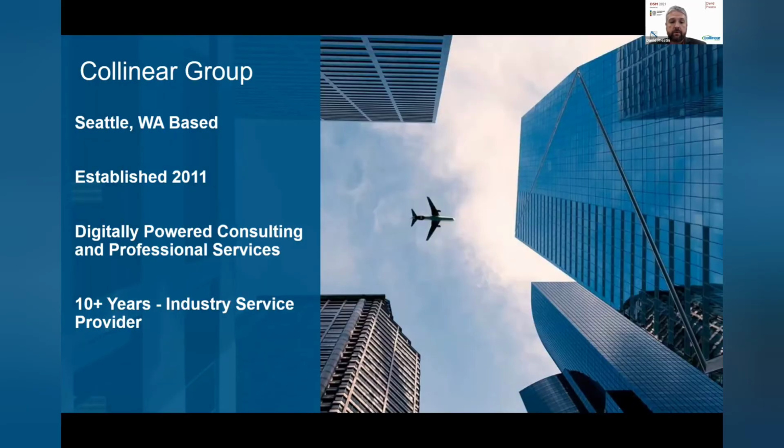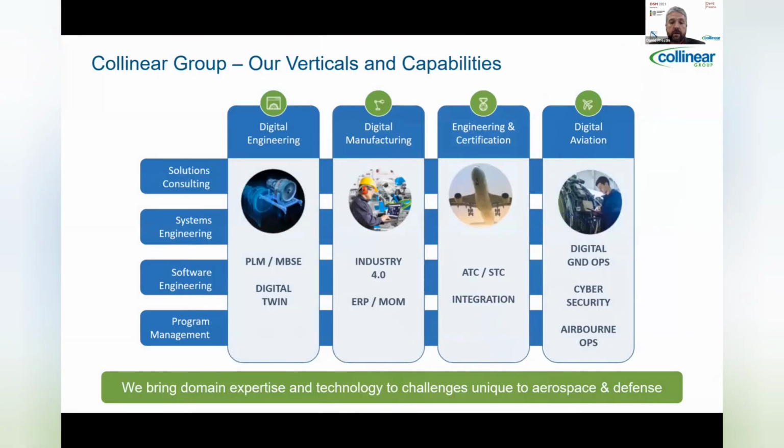So a little bit about Collinear Group first to set the stage about why we're applying DSM and where. We're a Seattle, Washington-based consultancy established in 2011. We like to say we're a digitally powered consulting and professional services company with over 10 years as an industry service provider. We have 4 verticals in our organization: digital engineering, digital manufacturing, engineering and certification, and digital aviation.